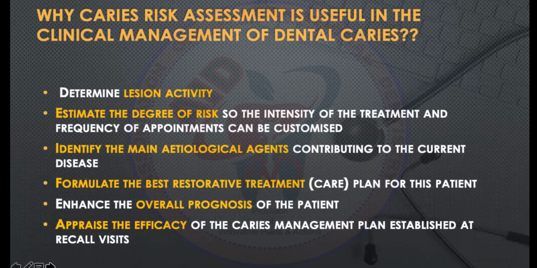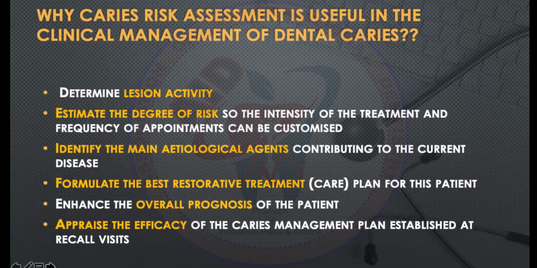If I know my patient has such a problem that he cannot maintain oral hygiene, and because of his behavior and attitude he cannot modify his diet, then I know whatever the best treatment I give to that patient, the prognosis is not going to be good, right?